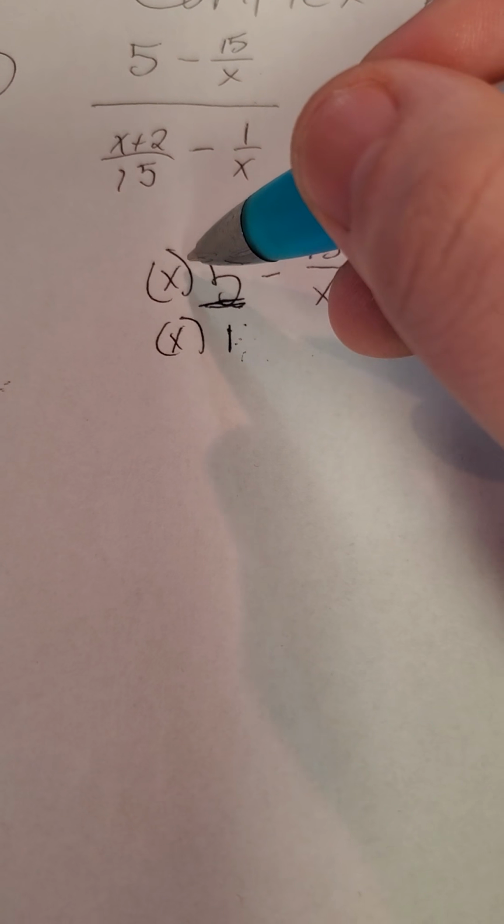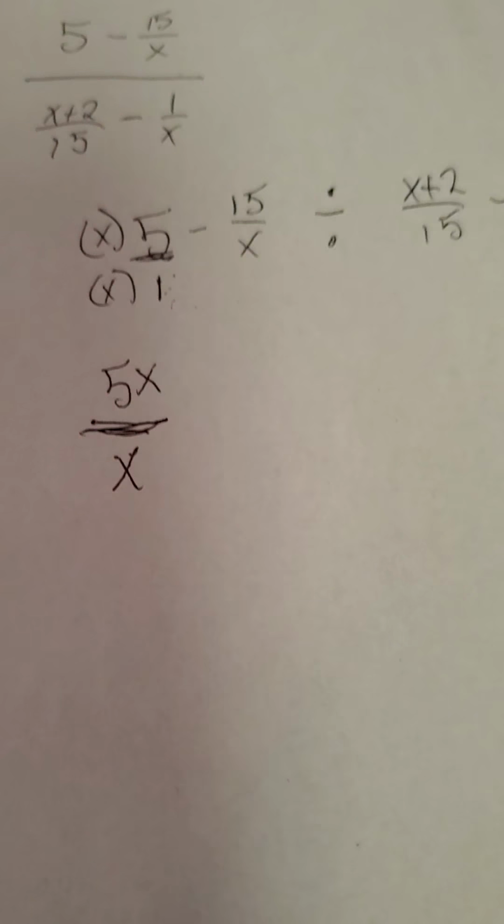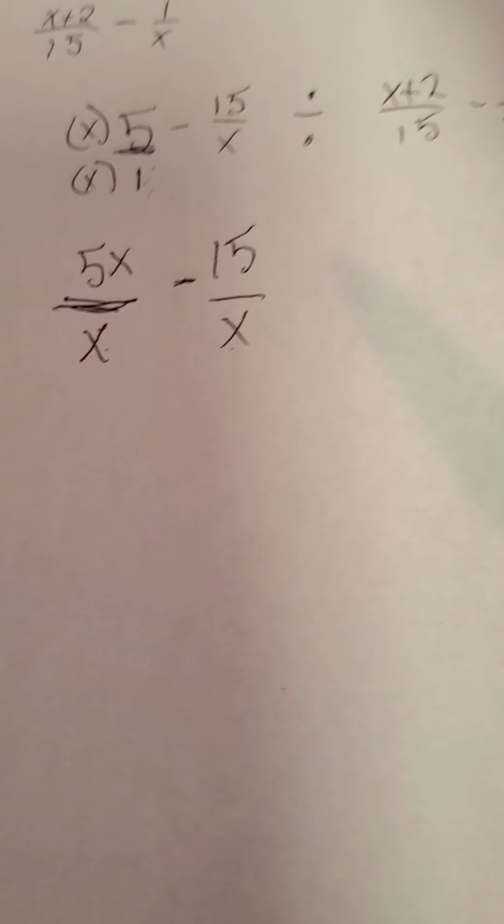On the left side, x times 5, we're just going to put those together: 5x over 1 times x, which just gives me an x, minus, and I'm just going to copy this guy down because I didn't do anything to it. Remember, now that the bottoms are the same, I can put these two together.